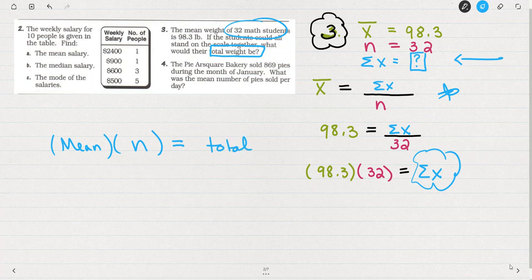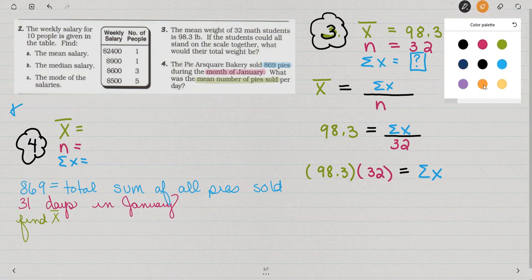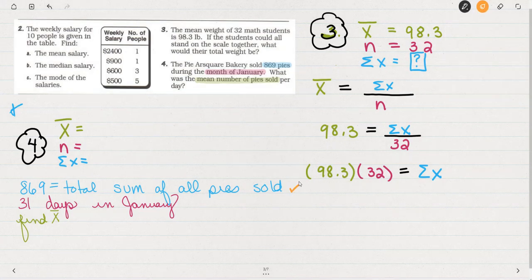Number 4 is similar. You do have to know a little bit about our months. So number 4 here in the bottom left, reading the question, the bakery sold 869 pies, so I know that 869 is going to be the total. I could fill that in for the sum of all the x's.